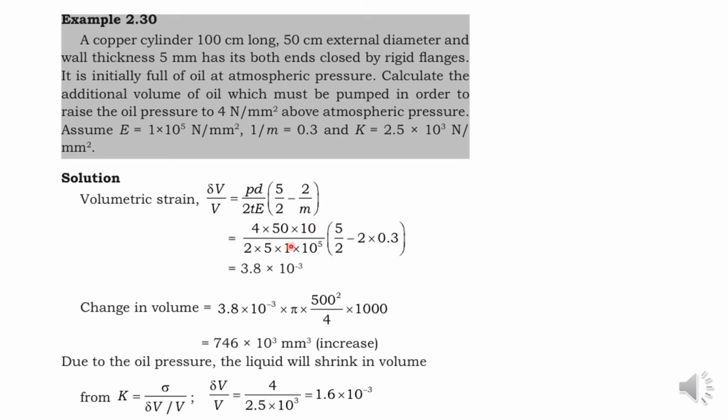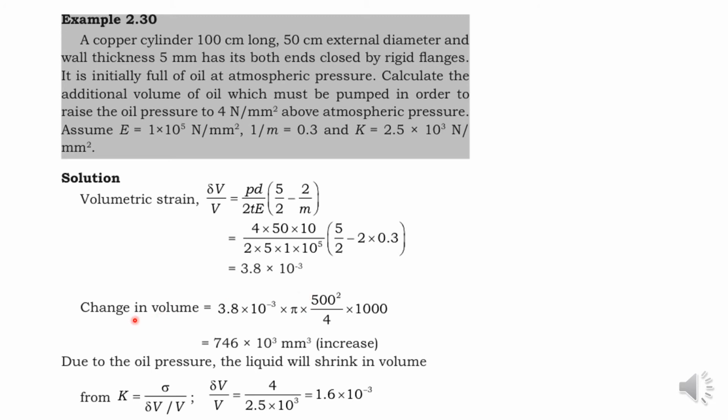That equals 4 into 50 into 10 divided by 2 into T into E. What is P here, which is 4 Newton per mm square. The diameter is 50 centimeter, that is 50 into 10 mm, into (5/2 minus 2 into mu), where mu is 0.3. So you will get the volumetric strain as 3.8 into 10 raised to minus 3.